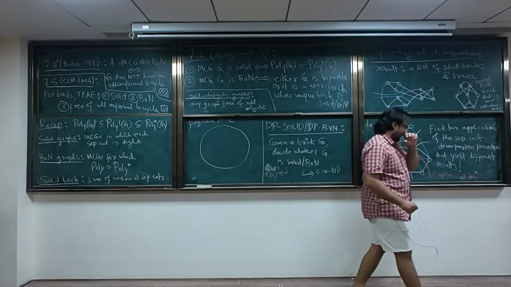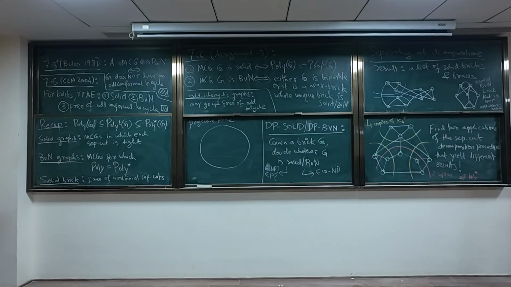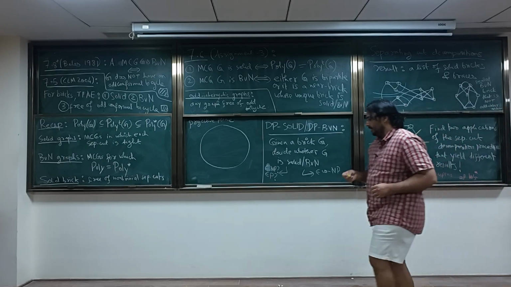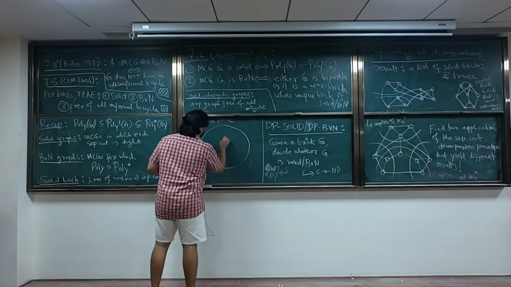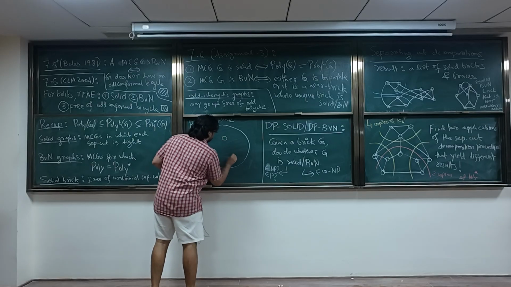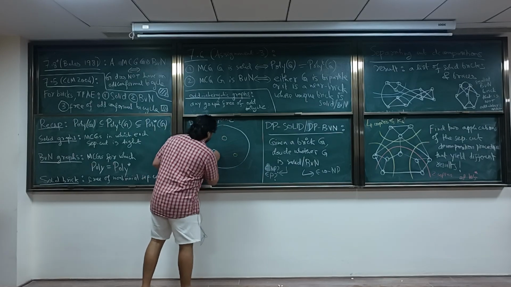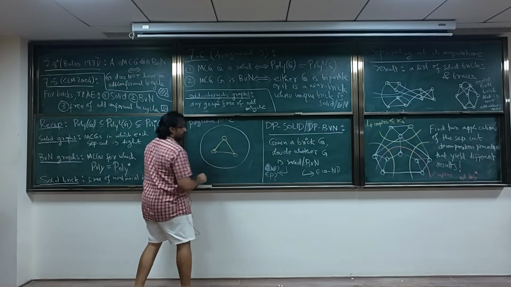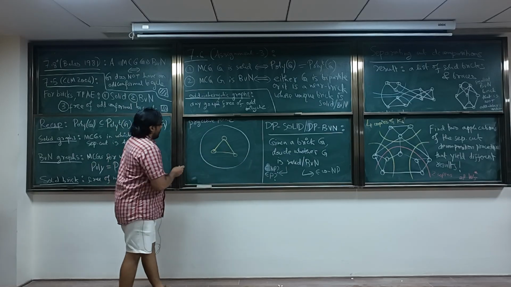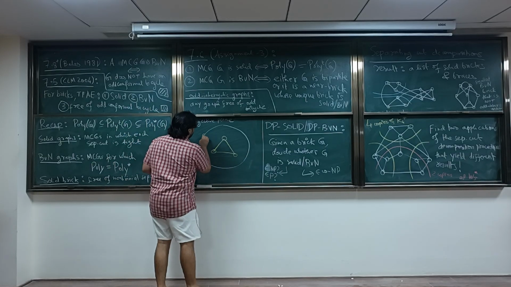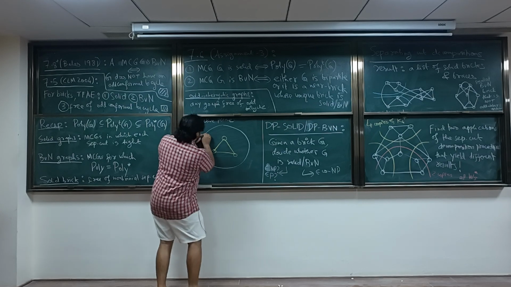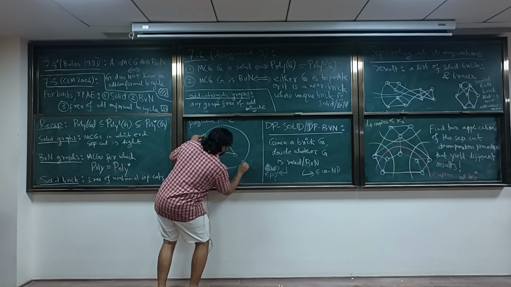Okay? So I want to draw K6. Let me show a drawing of K6, which is directly from Bondy and Murty. I'll put three vertices here. It's K6, so I'll connect them. I'll put one vertex here, which is the same as what I see here.